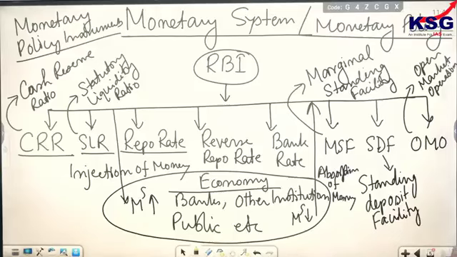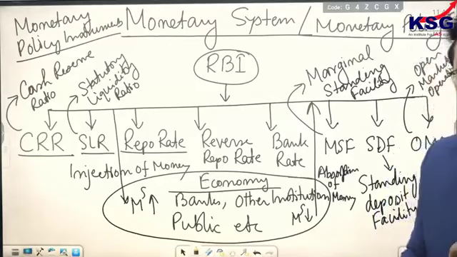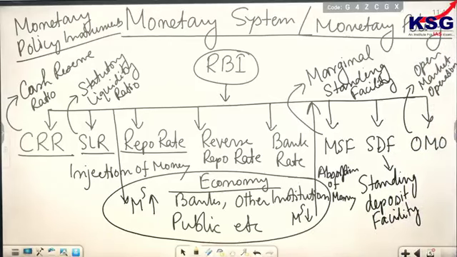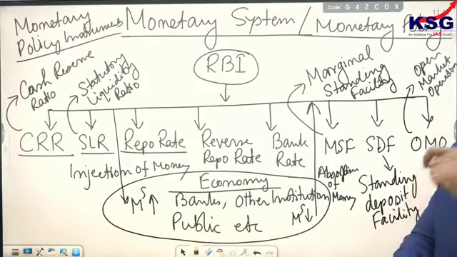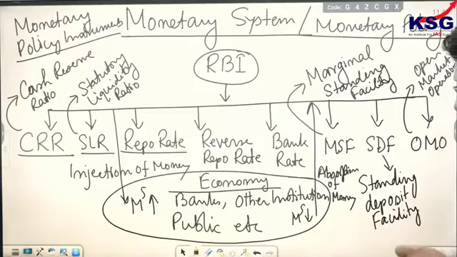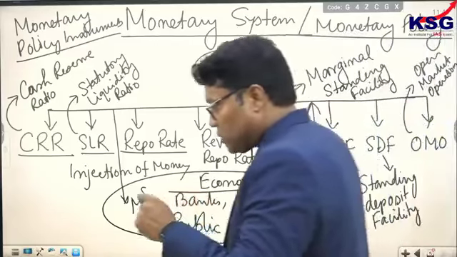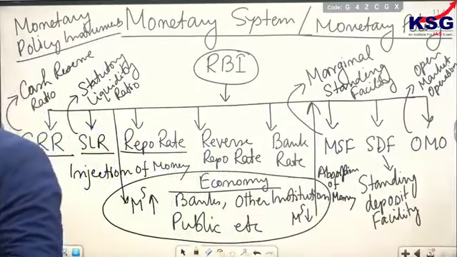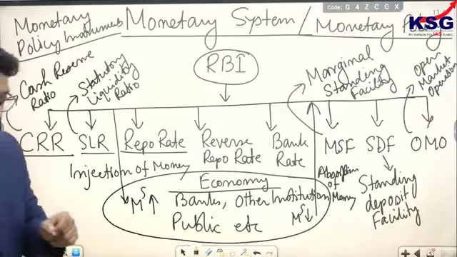The central bank of any country is a very integral part. But you understand what our motive is? Our motive is to know the stock of money, money supply, how it works, how RBI keeps controlling the liquidity in the country. So our aim is to know the whole monetary system or monetary policy and its working.